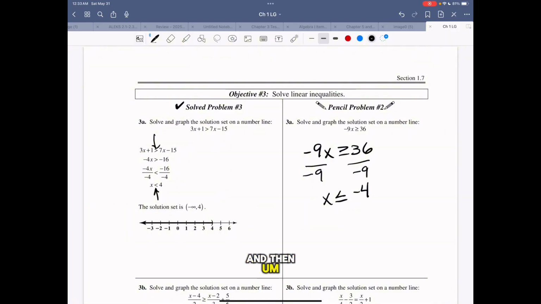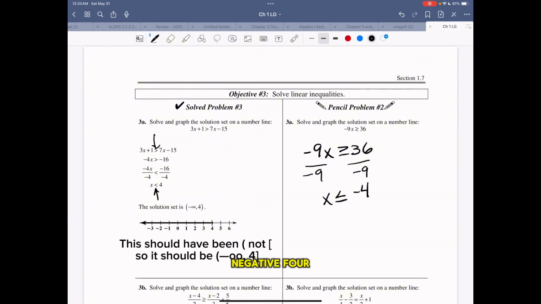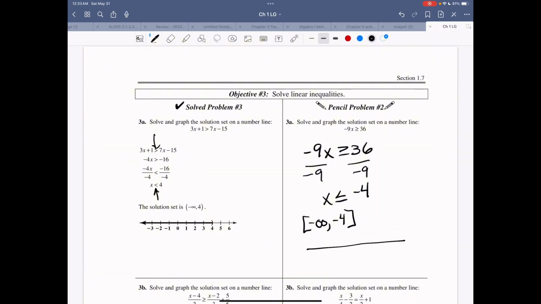And then if x is less than or equal to -4, then we have a bracket with -infinity to -4. So our graph will be everything from the left up to the bracket at -4. Okay.